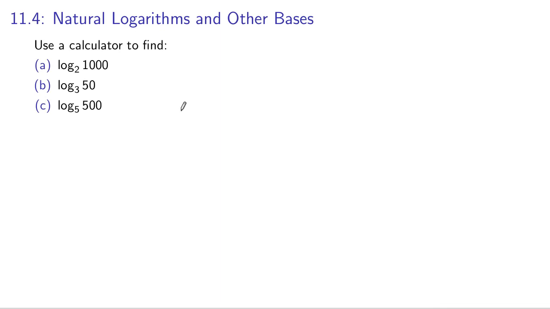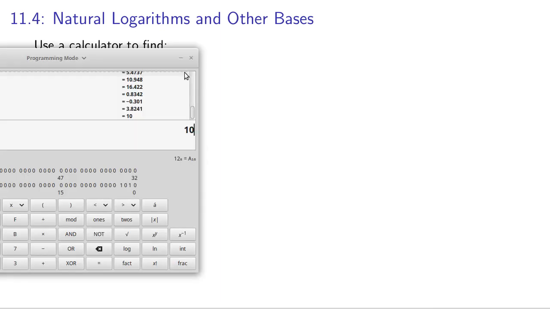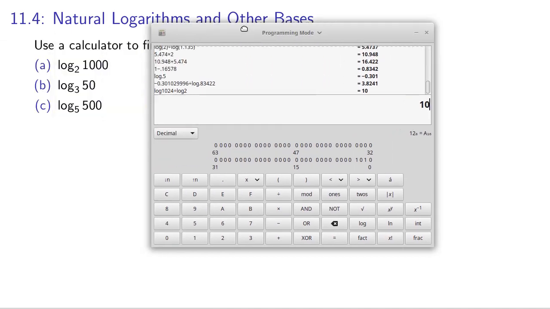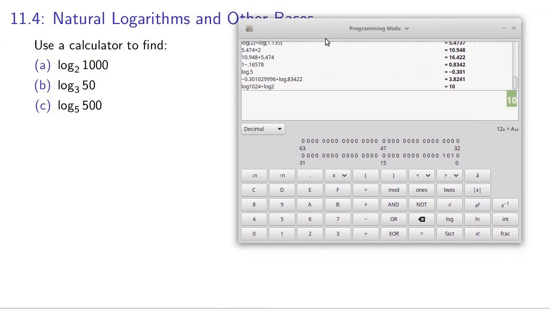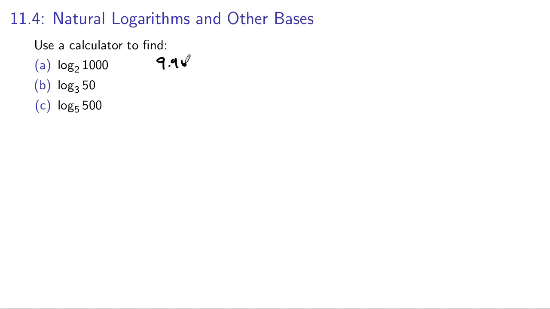So now, use a calculator to find log base 2 of 1,000. And this one's not going to be a nice round number, so it's not a power of 2. So we have log of 1,000 over log of 2, 9.966. 9.966 is A. Log base 3 of 50.